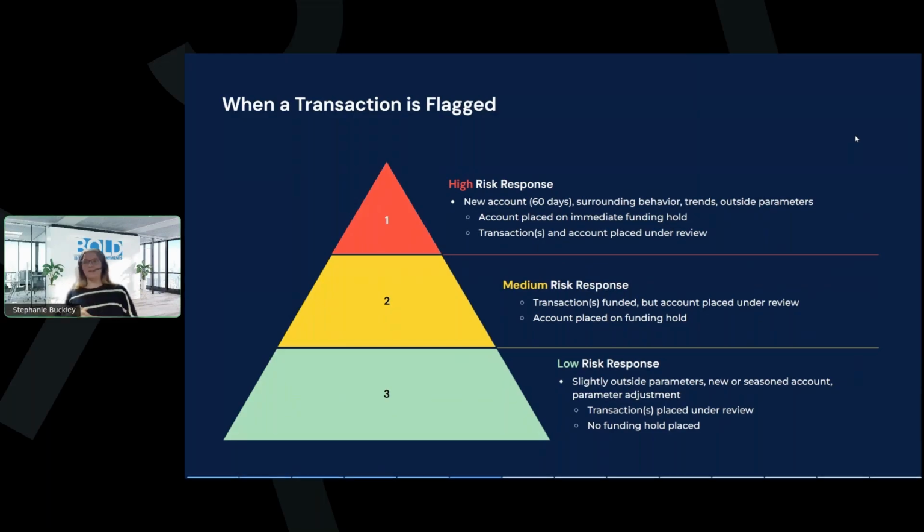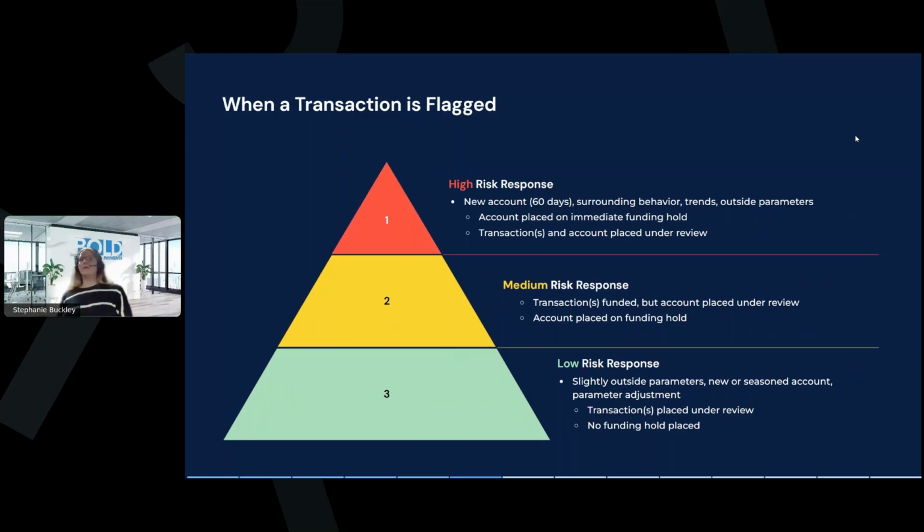Starting off at the bottom, low risk, this we see usually either with accounts that are brand new, that were recently re-apped, or accounts that have been seasoned, have been with the processor for a very, very long time, and a transaction happens that's just not making a lot of sense.